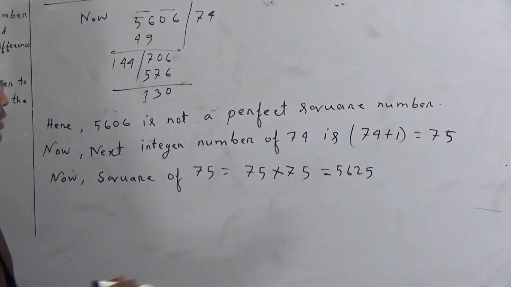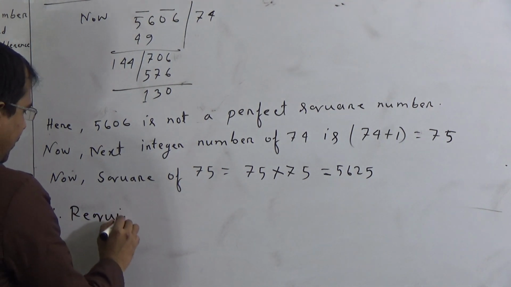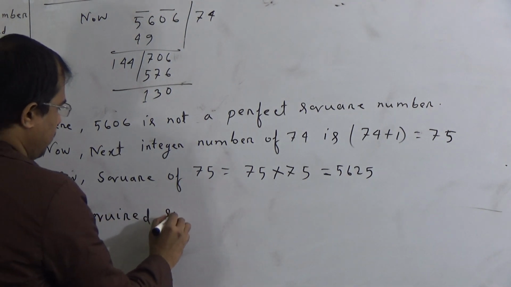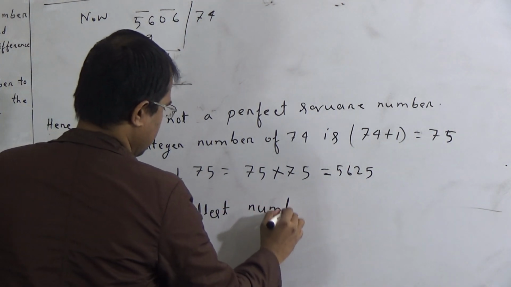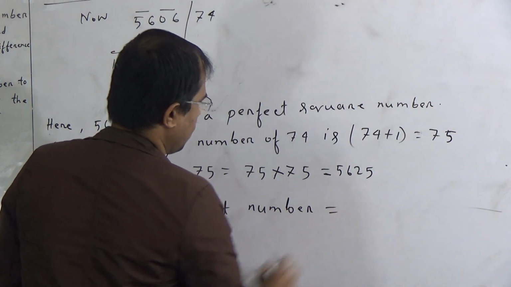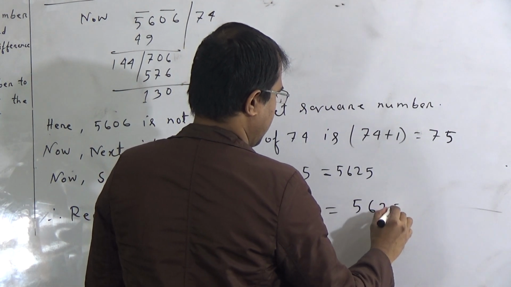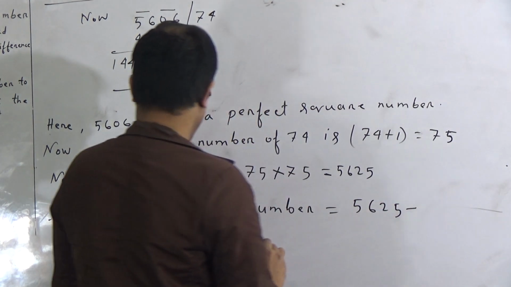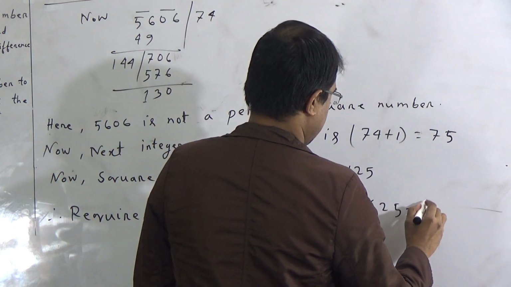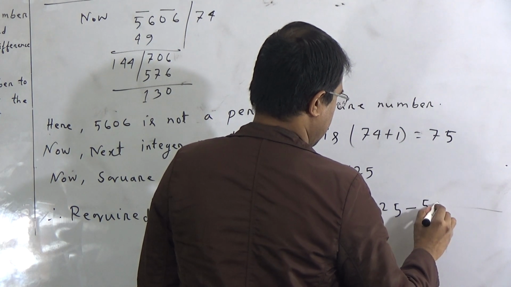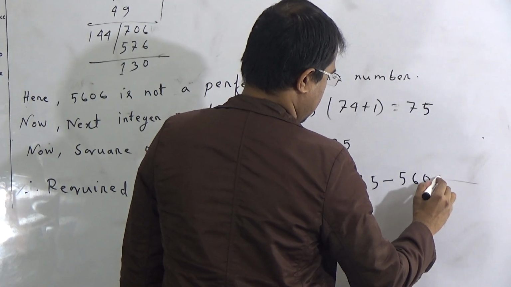Therefore, required smallest number equal to 5625 minus 5606.